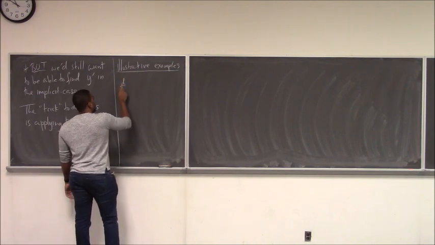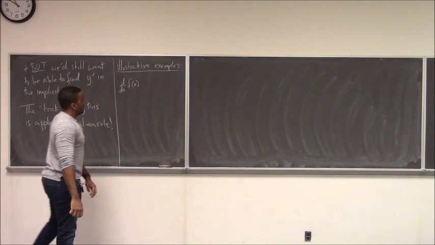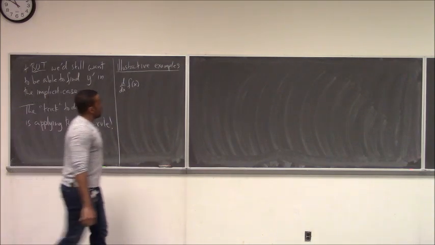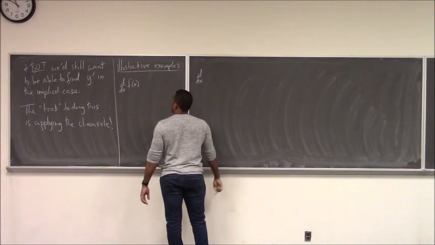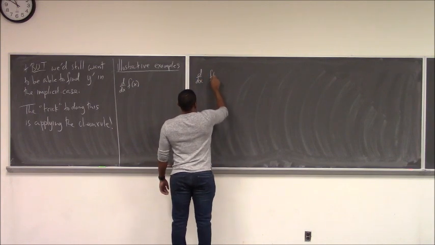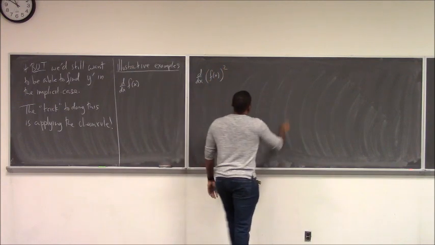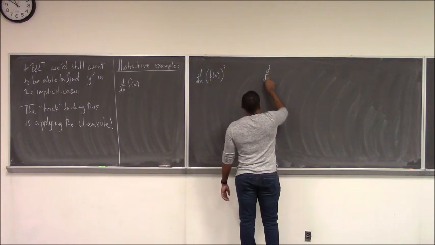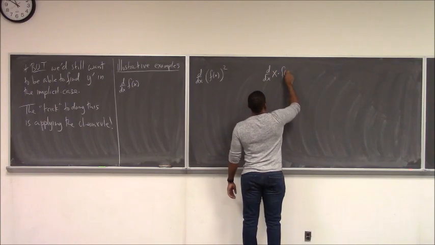So let's say I wanted to find the derivative of just some function. What if I wanted to find the derivative of some function squared? If I want to find the derivative of x times some function, right?